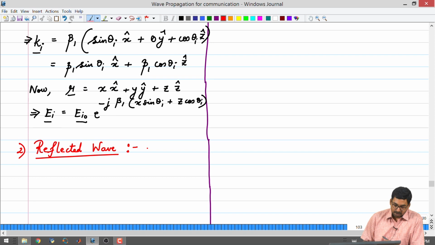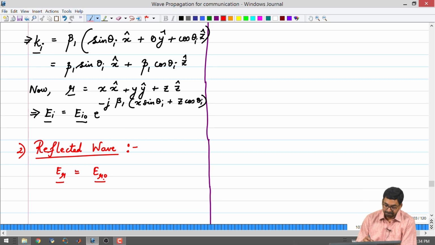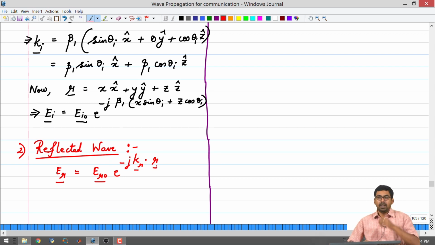Your reflected wave can be written as some E R, with some magnitude E R naught and direction, and then e to the minus j k r dot r, where again r is a position vector, x x hat plus y y hat plus z z hat. Now our objective is to just find k r and then find the dot product.